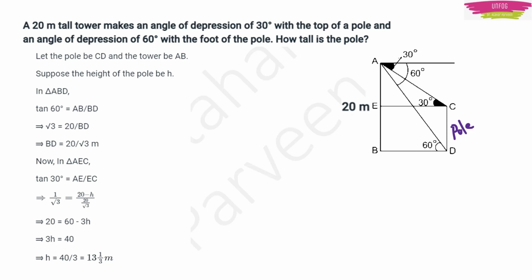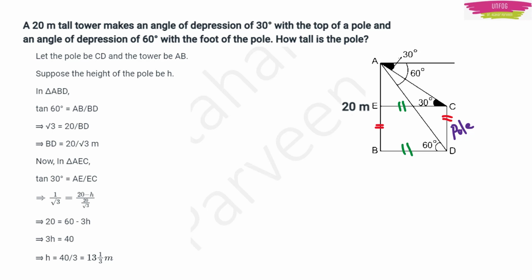But what are the values of AE and EC? We don't know, right? See here, the distance CD and EB will be same and EC and BD will be same. So whatever the value of AE is, that will be equal to the entire distance AB minus EB. But we don't know what EB is.